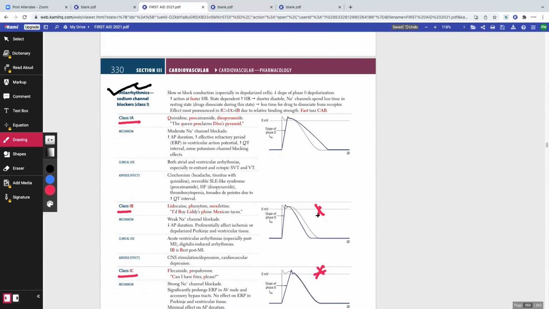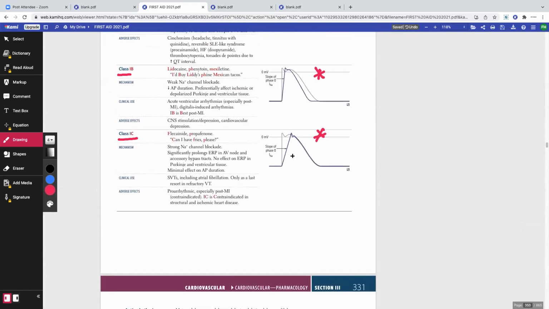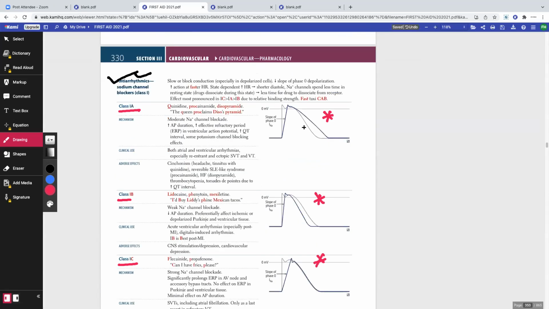Based on these graphs, you will have questions. For example, if they show you this graph, can you assume that they are talking about class 1C? Yes or no? Fast answers, please. If they show you this graph, can you assume they're talking about class 1B because of the weak activity? Yes. And this one represents class 1A.